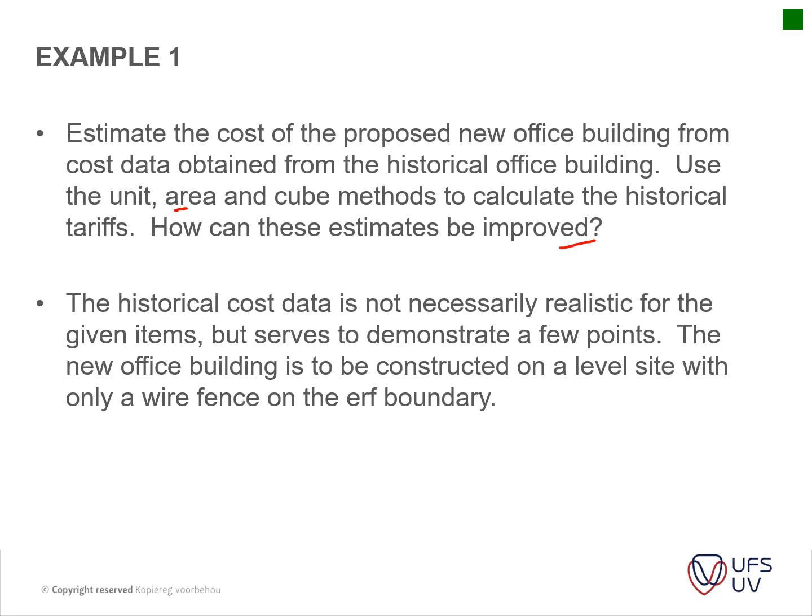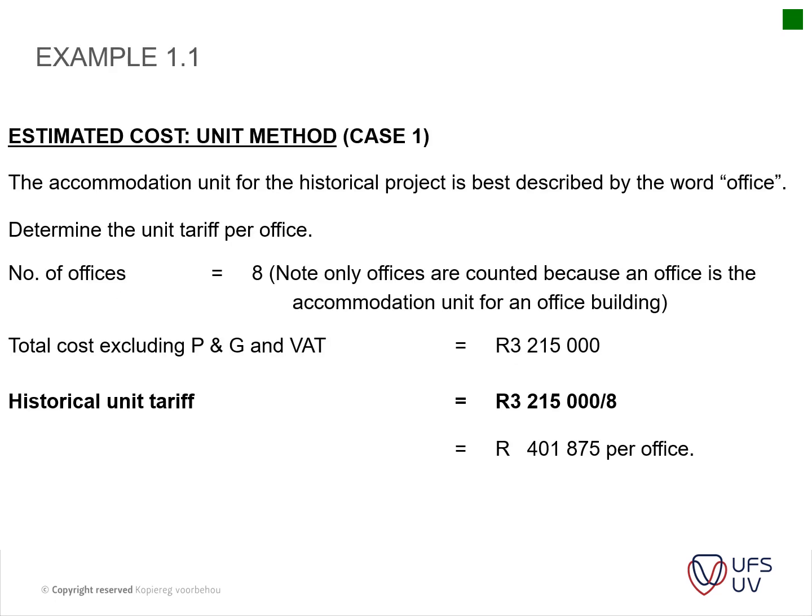The historical cost data is not necessarily realistic for the given items, but serves to demonstrate a few points. The new office building is to be constructed on a level site with only a wire fence on the earth boundary. Okay, so it's a very simple installation. There's nothing special on the external works. So let's look at example one.